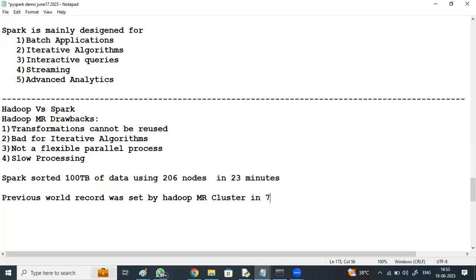In 72 minutes, it has taken how many nodes, you see? 2100 nodes. Even by taking 2100 nodes, it is still unable to reach that Spark speed, right? Spark used just 206 nodes.